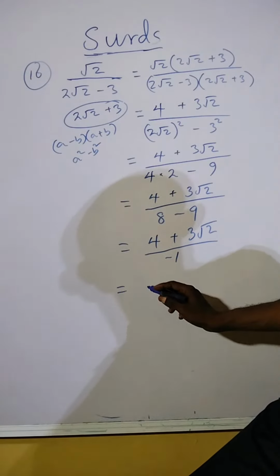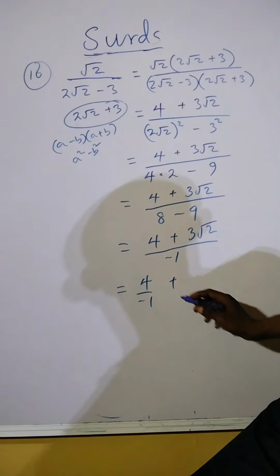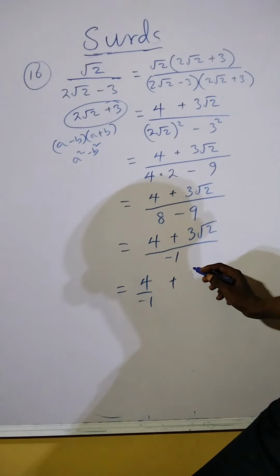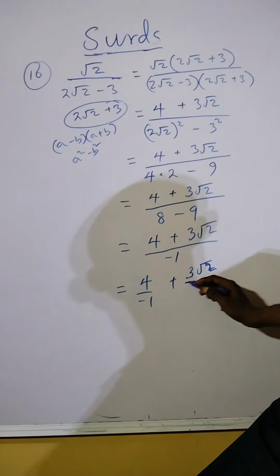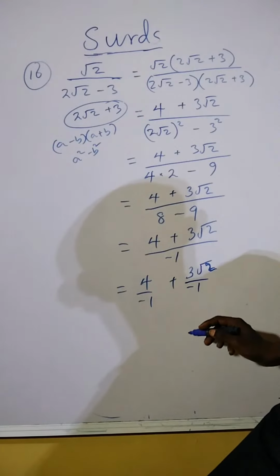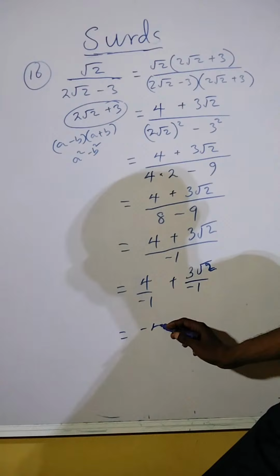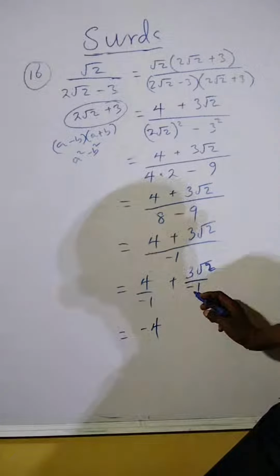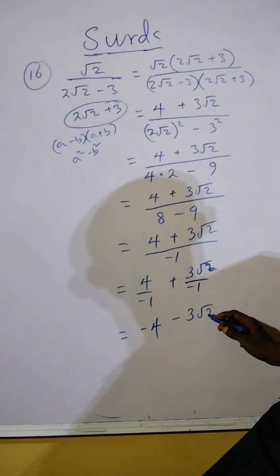We separate this and we have 4 over minus 1 plus 3 root 2 over minus 1. This 4 over minus 1 is minus 4. Then minus is minus, so that's still minus 3 root 2.